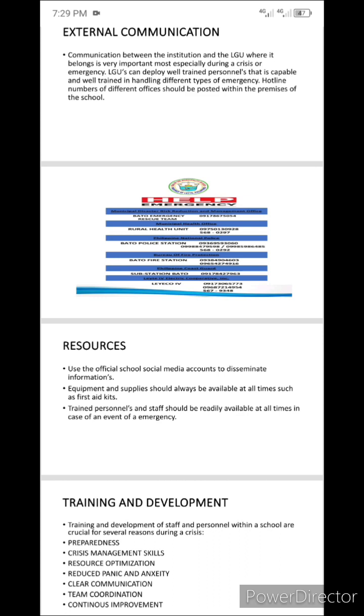So next is trained personnel and staff should be readily available at all times in case of an event and emergency. The supplies and equipment would be useless if the personnel capable of using those equipment and supplies are unavailable.